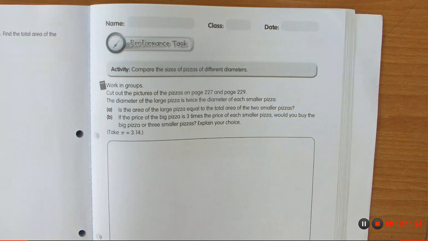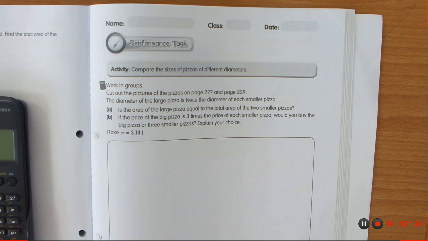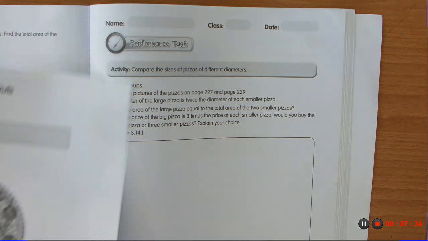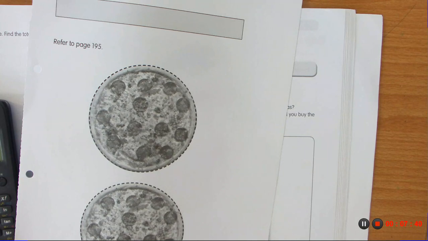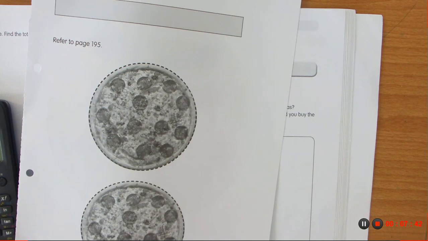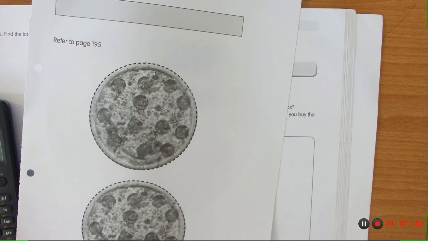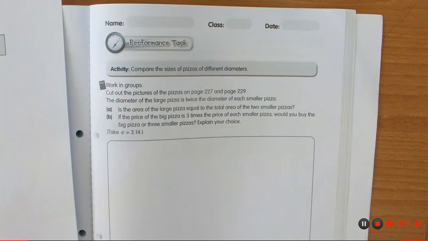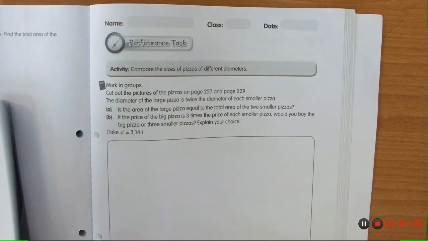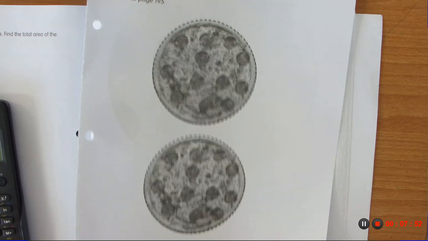You need your calculator, so get your calculators ready. Let's take a look at this story here. Now, you don't necessarily have to cut out if you don't want to. But if you want, you can also do so. But I would say it's not really necessary, because the story is more important.